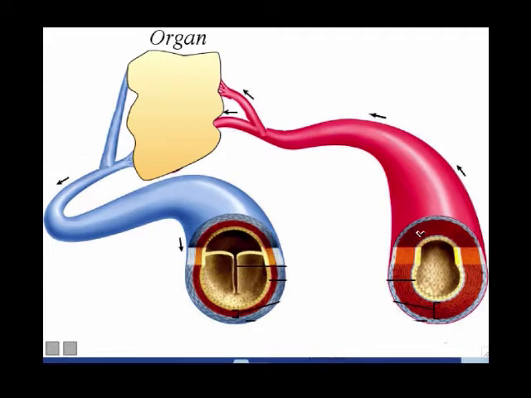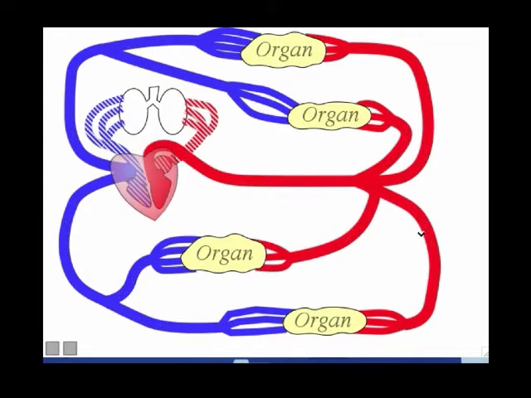And alternatively, if the body decides that organ needs more blood flow, the body can relax the tunica media of the artery carrying blood to the organ, and then just like relaxing your grip on the garden hose, that allows more blood to flow. Okay, so let's see that in action.